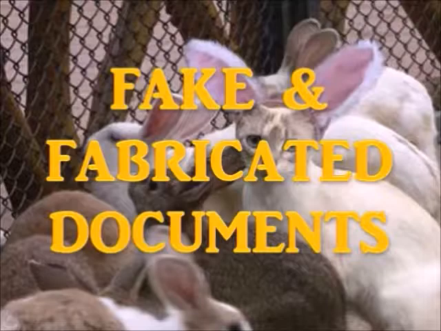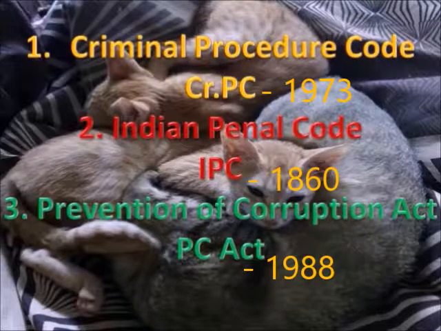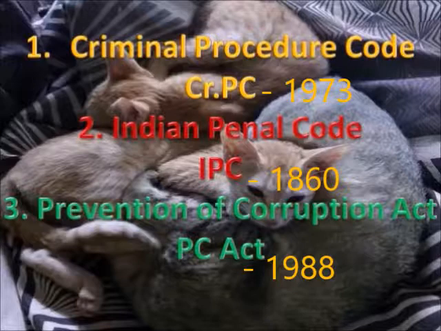Now, the 3 important acts: number 1 is the Criminal Procedure Code, called CrPC. The second one is the Indian Penal Code, popularly called IPC. Number 3 is the Prevention of Corruption Act.